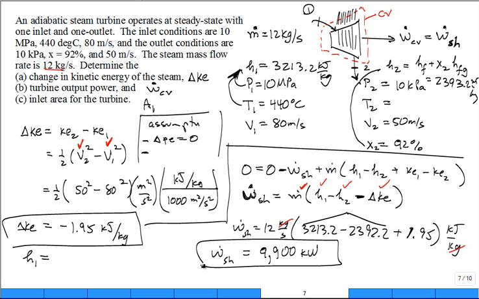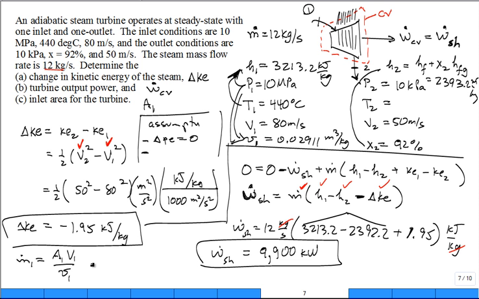The last one, what's the inlet area of the turbine? Well, the mass flow rate coming in is the area of the inlet times the speed at the inlet divided by the specific volume at the inlet. I get the specific volume at the inlet knowing the pressure and the temperature, 0.02911 meters cubed per kilogram.